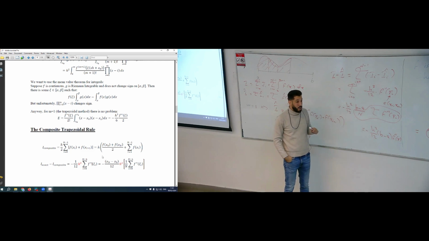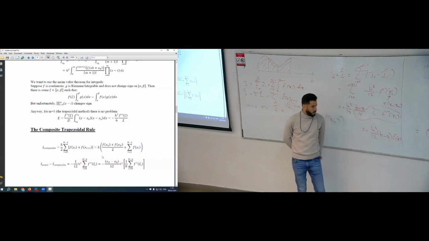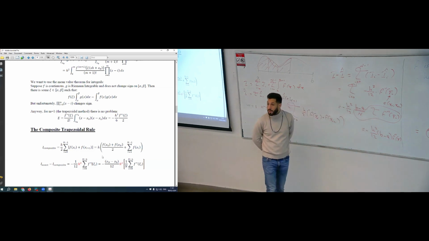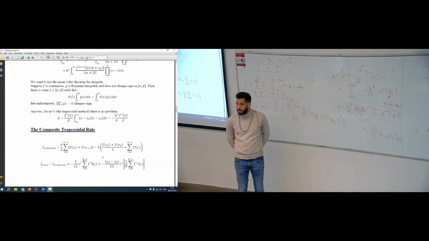When n is very large, the function is closer to linear. This fraction just goes to 0.